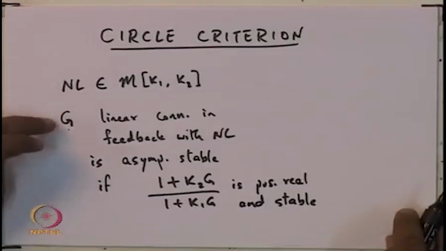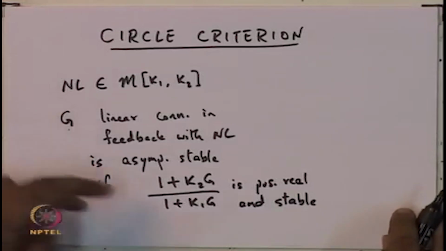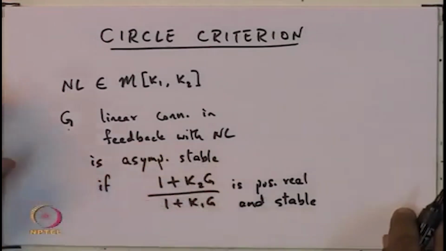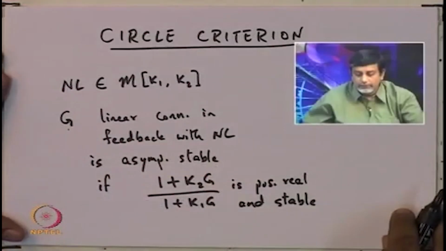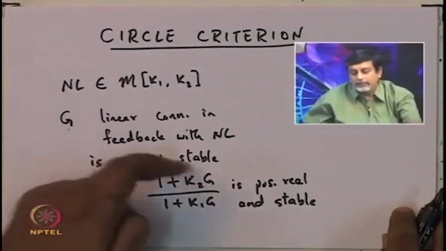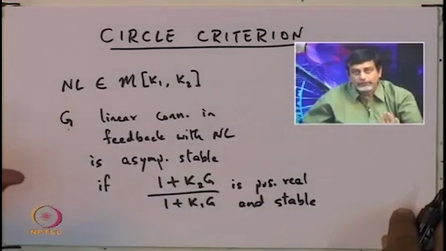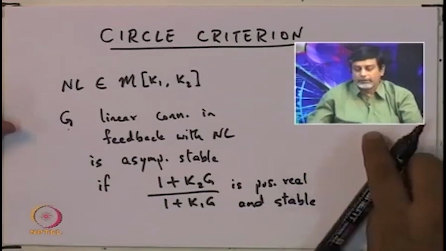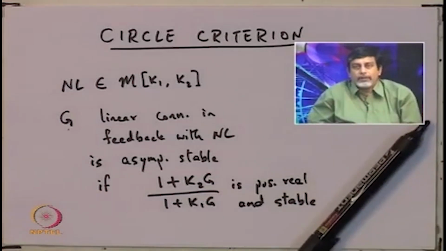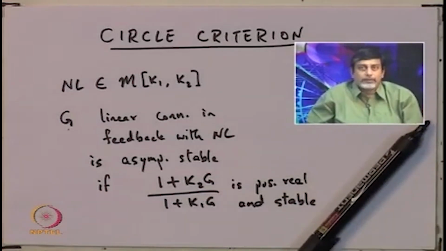Okay. So, given a G, what one could do is calculate this 1 plus K 2 G upon 1 plus K 1 G and then check whether this transfer function is positive real. But one way to check for positive realness is by using the Nyquist criterion.